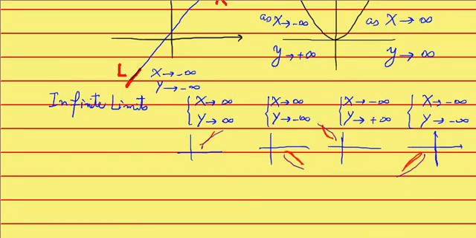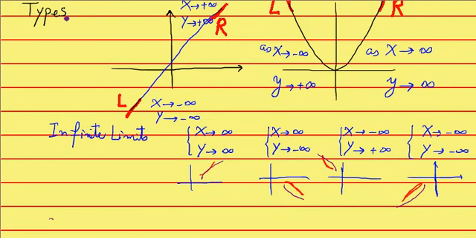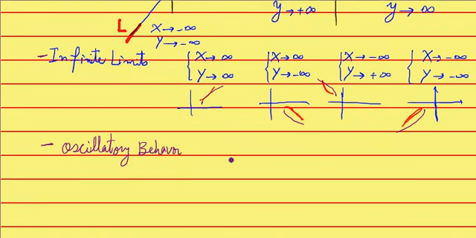How about oscillatory behavior? Sometimes, we were talking about types of tails. This is one type of a tail. Another type of a tail is something that shows an oscillatory behavior. Okay, oscillatory behavior, there are many types.